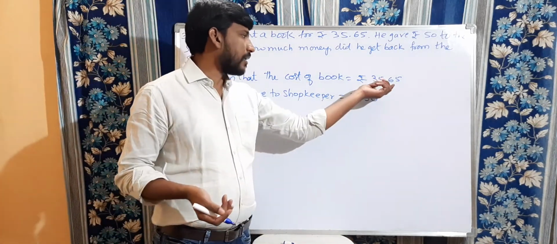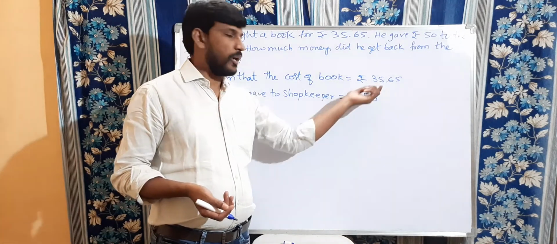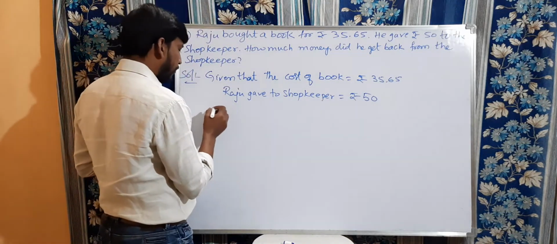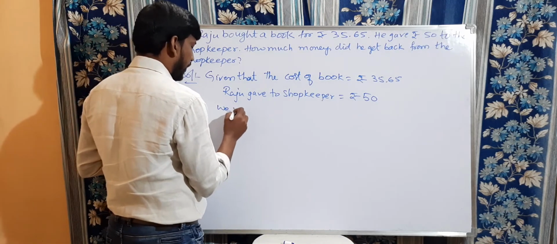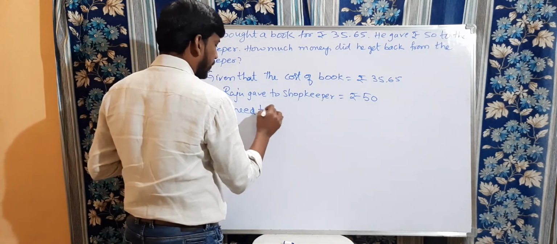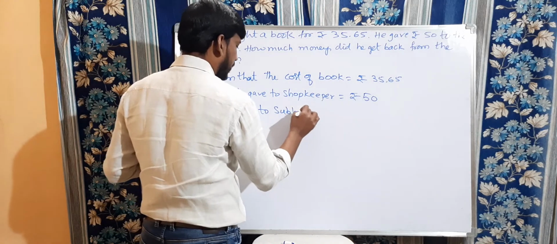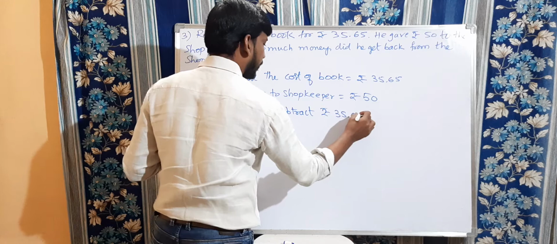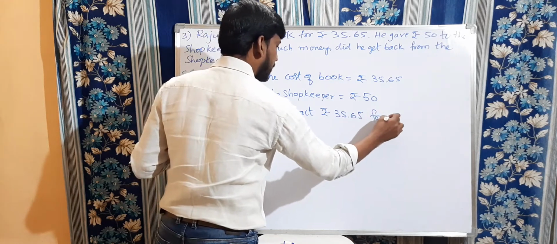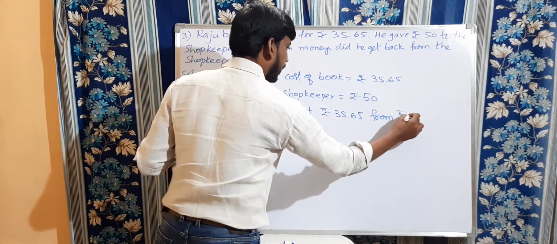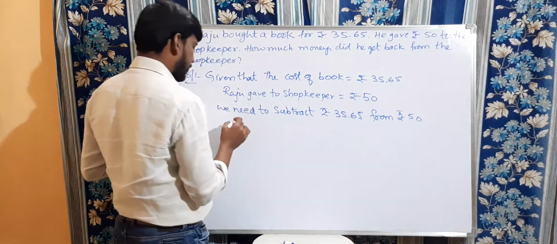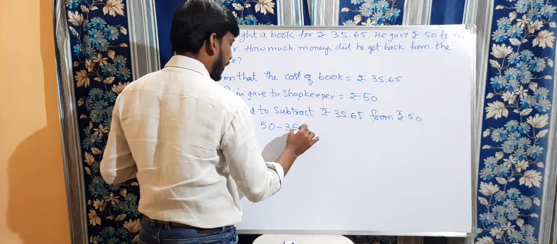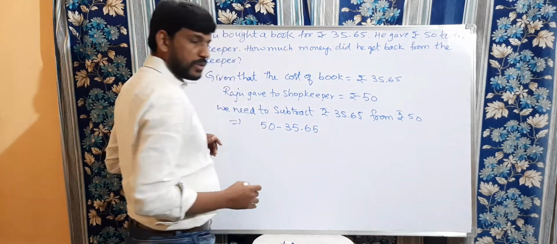Obviously we need to subtract 35.65 from rupees 50. Which implies 50 minus 35.65.